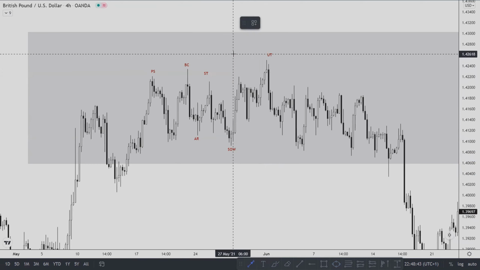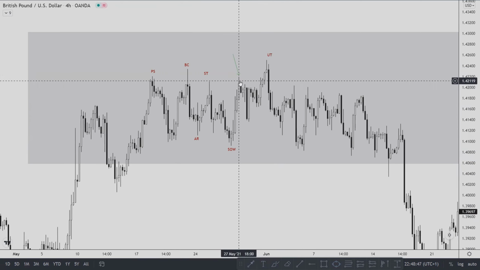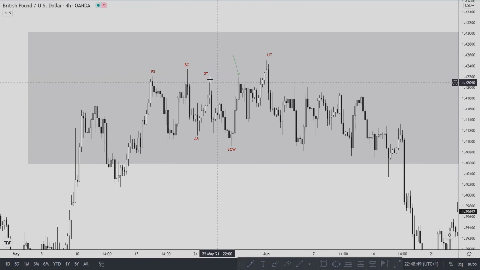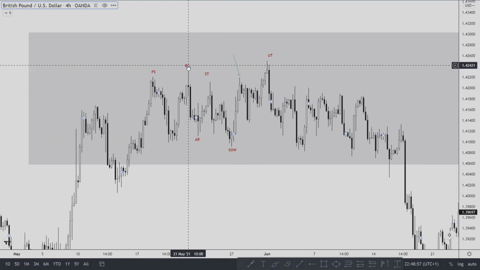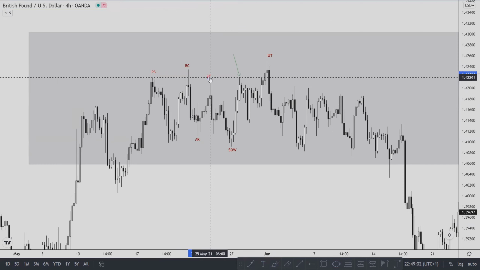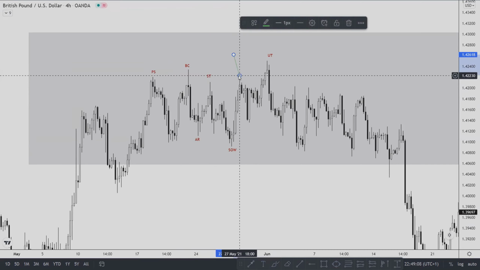Could have chosen this high as my upthrust, but because the upthrust usually is meant to go above the BC and the SC, how I personally remember it is the upthrust breaks above two highs. The two highs are your BC and your ST. So that's one reason why this is not my upthrust.